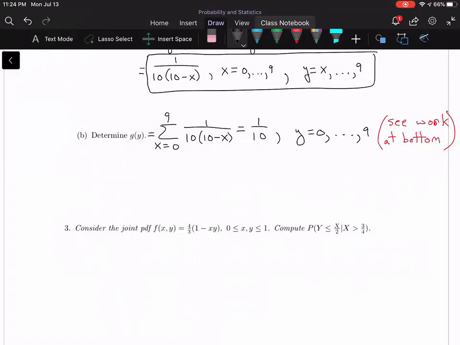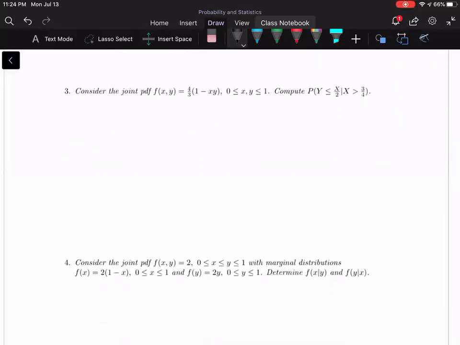And then problem 3 is one that we've seen before, but we're finding a probability that we haven't worked through. So this is a continuous distribution, and we want the probability that y is less than or equal to x over 2, given that x is greater than 3/4. All right, so that means that we need f of y given x.